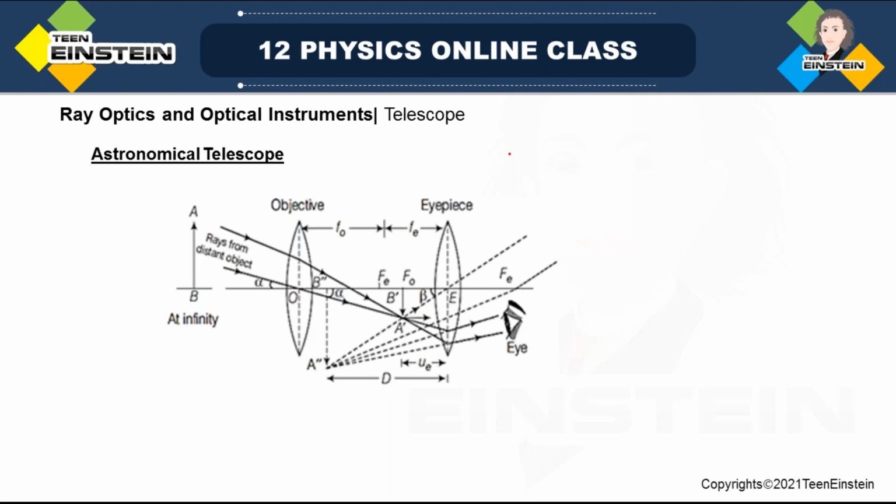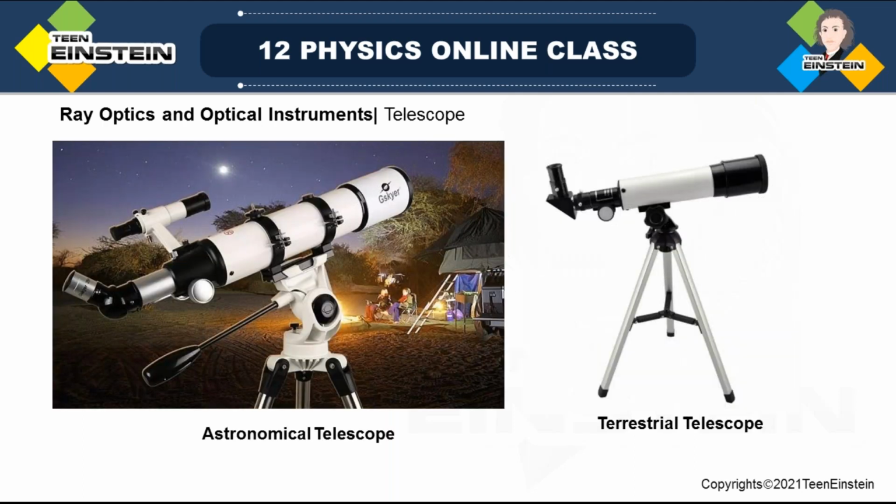So look, the construction is that it consists of two converging lenses mounted coaxially at the outer end of two sliding tubes. You can sometimes increase or decrease the length for focusing.